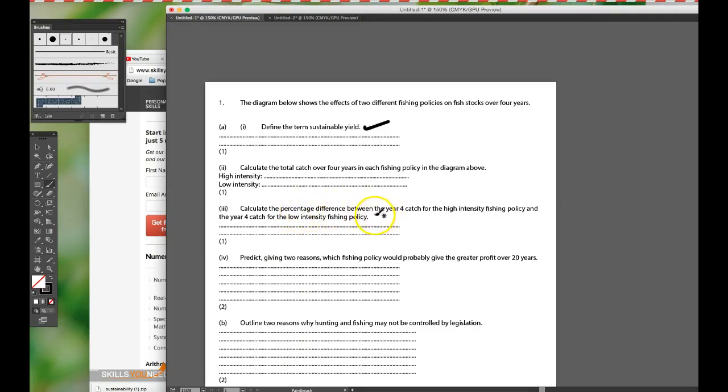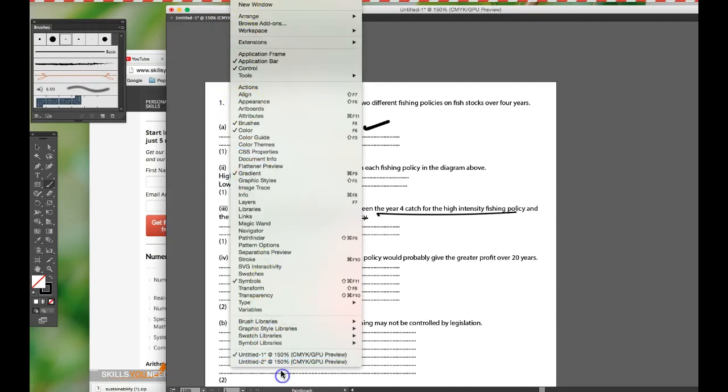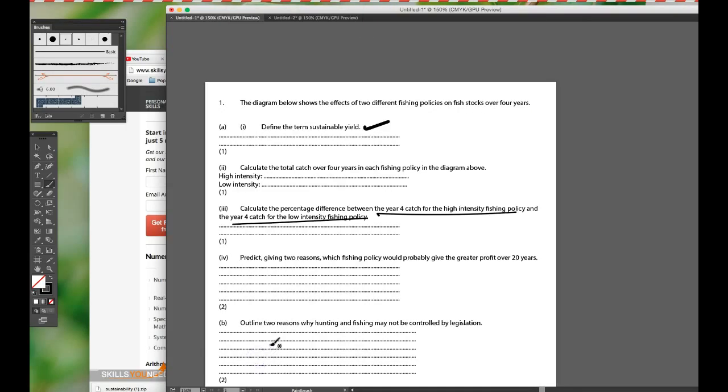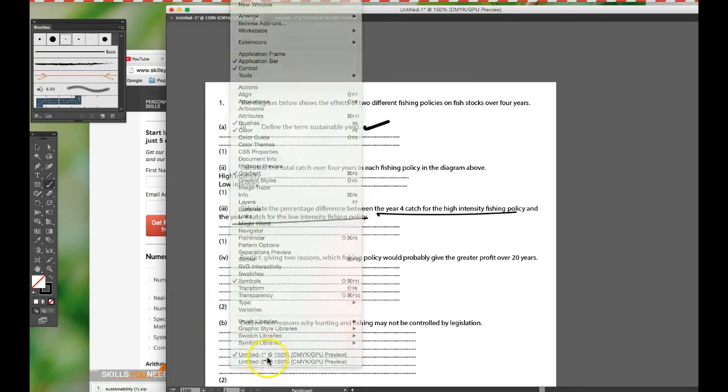Okay, calculate the percentage difference between the year 4 catch for the high intensity and the year 4 catch for the low intensity. Okay, so we're looking only at year 4 now. So we are comparing 24 to 48. And the question wants to know the percentage difference, the difference expressed as a percentage.